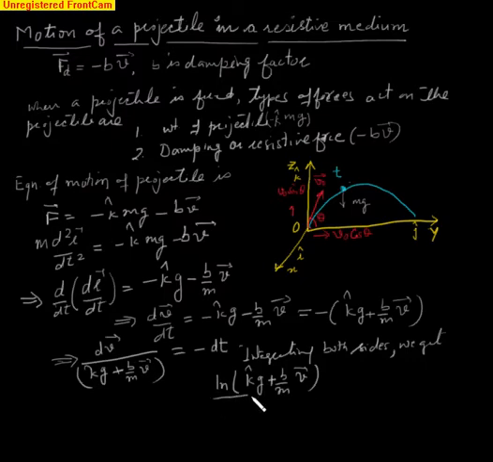So we will write the differentiation of b by m into v vector, equal to the integration of dt, that is minus t plus some constant k.